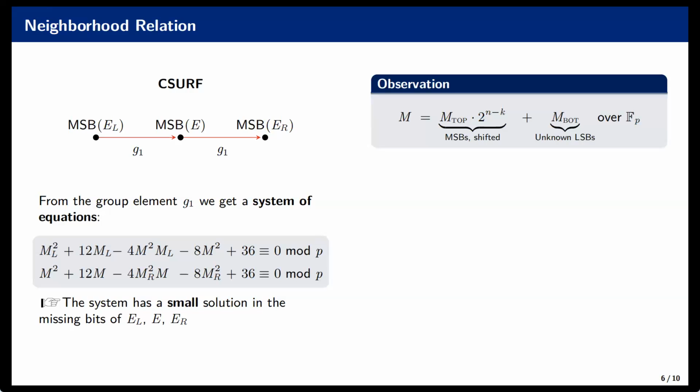The whole Montgomery coefficient should be a root of this system of equations. But I already know the most significant bits, so the only variables that are left are the unknown bits. And as integers, these are small. Right, and that's the main observation. So we could try to solve this system.